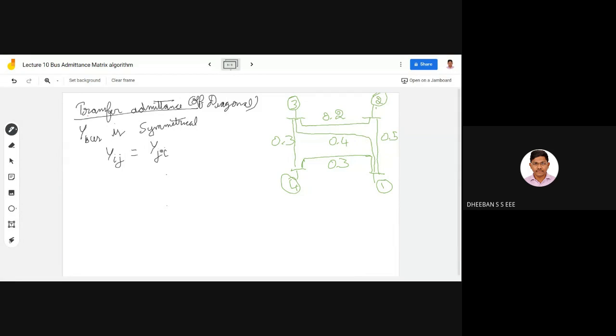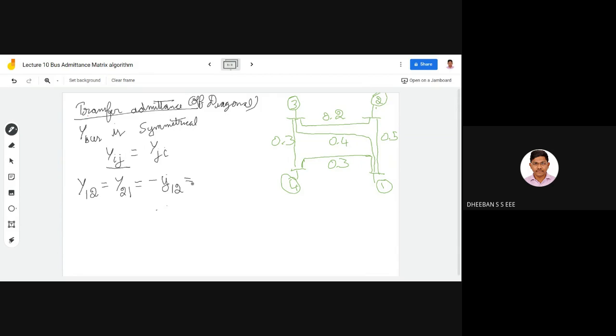So it is enough to find yij alone, and you can just use the same value. For this, we can start with y12, the admittance connecting your first bus and second bus, which is the same as your y21. So it is minus y12.